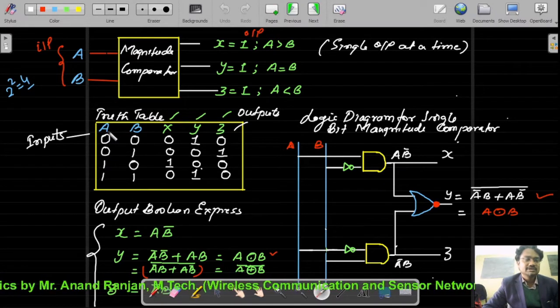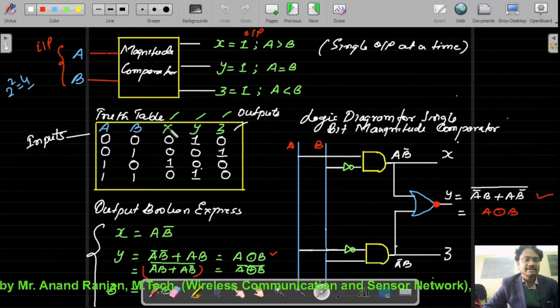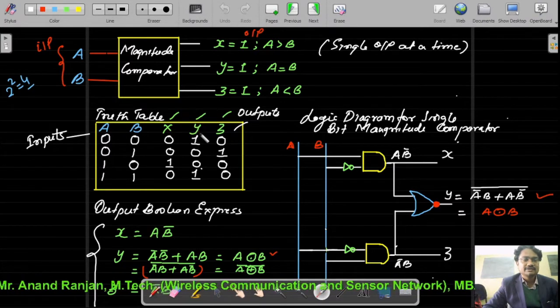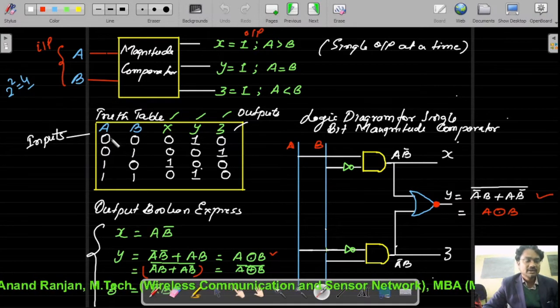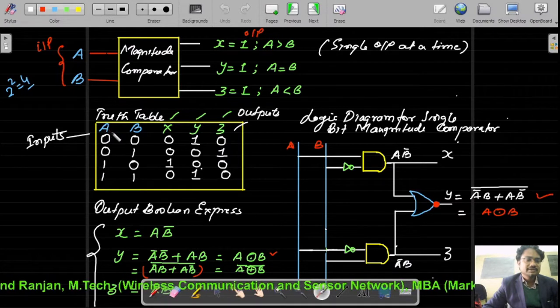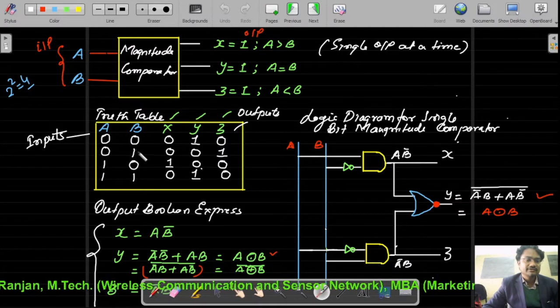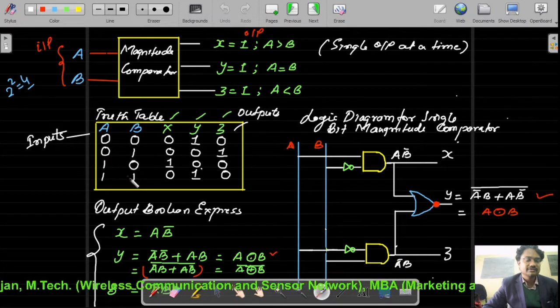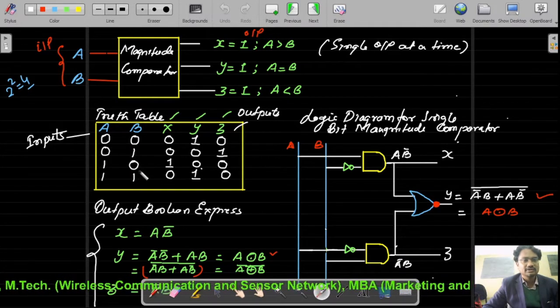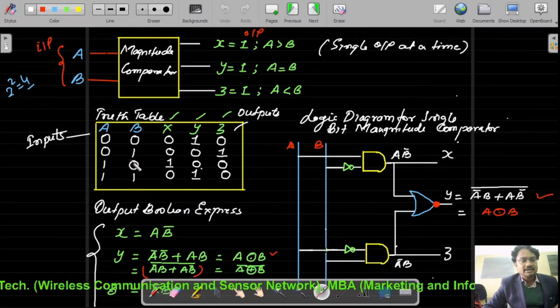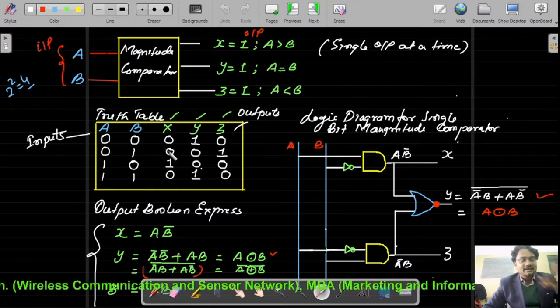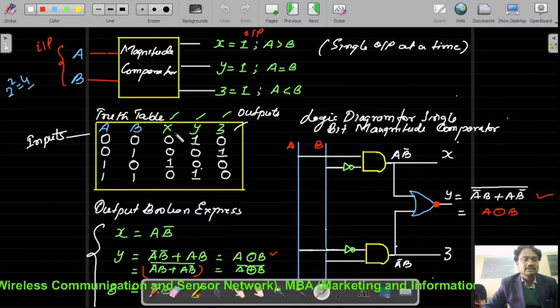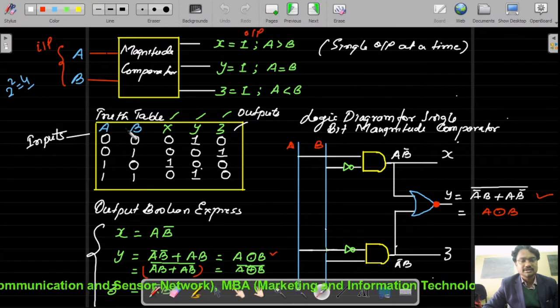In this truth table, these are our inputs A and B, and these are our outputs X, Y and Z. With the two inputs A and B, we can generate four different combinations, and these are the four combinations we have taken for the comparison. These are the outputs X, Y and Z, which we select based on the inputs provided to this system.